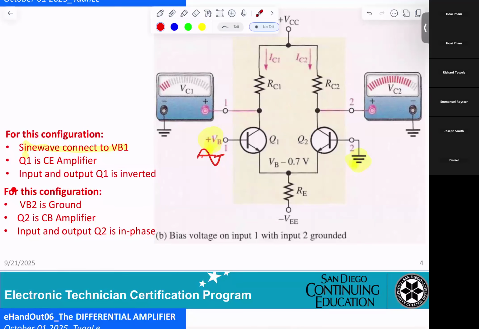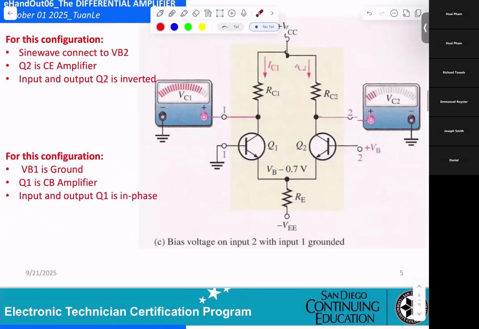For this configuration, VB2 is grounded, so Q2 is a CB amplifier. Input and output of Q2 are in phase. That means whatever signal here and output here will be in phase. That's what they try to explain to you.